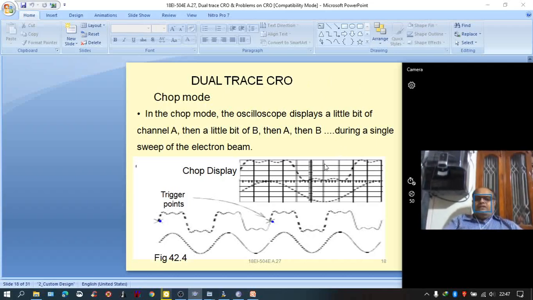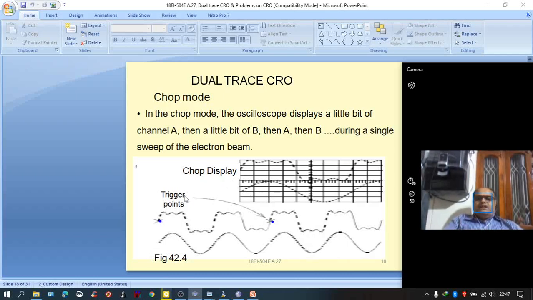As a result, when the channel selector is connected to channel A, the luminous spot or image corresponding to channel A appears on the screen. When the channel selector is in channel B position, then the luminous spot corresponding to channel B appears on the screen.